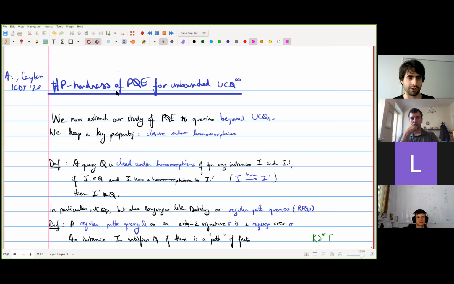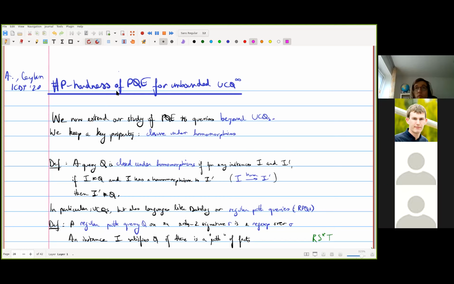The proof here doesn't use any of that, and it's based instead on query homomorphisms. So it's a more structural proof, let's say. You're not going to hear something that looks like the previous proof. If you didn't like the previous proof, hopefully you will like this one better.